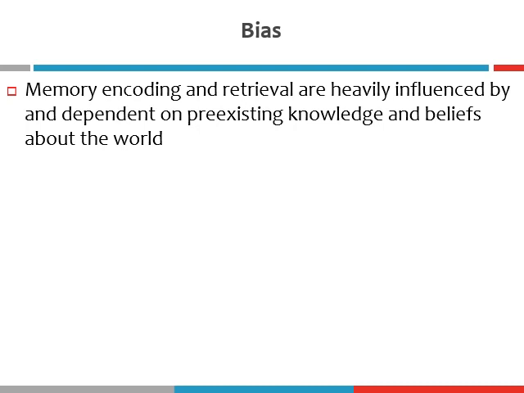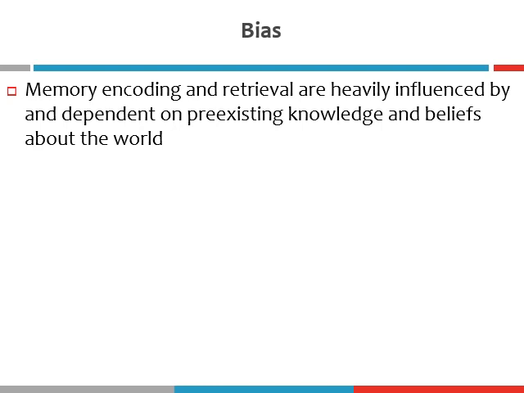Okay, so our second to last example of the 7 sins of memory, and an example of an error of commission because it involves some degree of distortion, is bias.